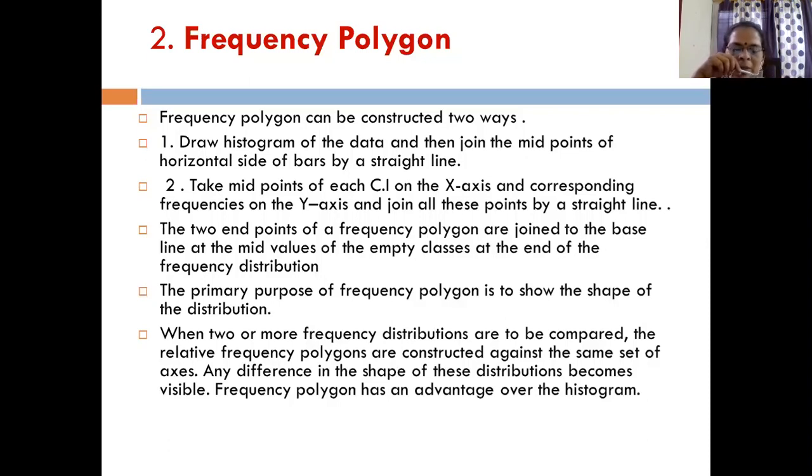In a single graph, we can draw many frequency polygons so that you can compare the data. When 2 or more frequency distributions are to be compared, the relative frequency polygons are constructed against the same set of axes. Any difference in the shape of these distributions becomes visible. That is the main advantage of using the frequency polygon over the histogram.